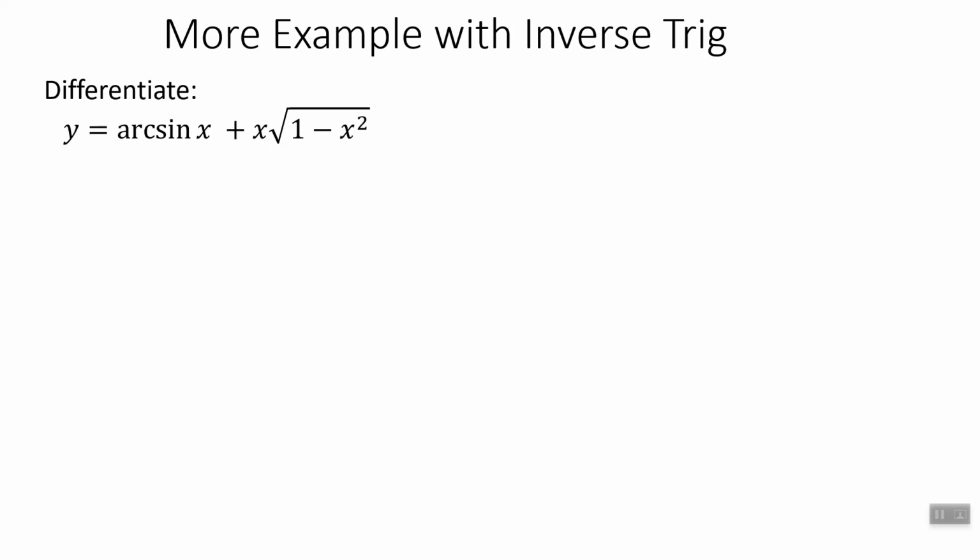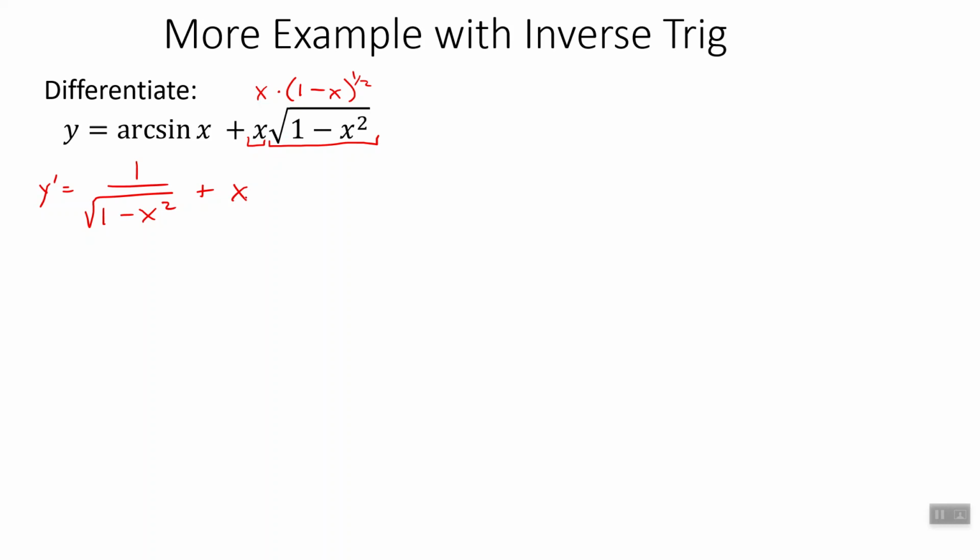All right, these can get more complicated, especially when we want to simplify afterwards. So here's one, we want to take the derivative of this. So y prime equals derivative of arcsine. Well, it's just 1 over square root of 1 minus x squared plus this guy. Well, that looks like it's going to have to be a product rule. And I would probably want to rewrite this as 1 minus x squared to the 1/2 times x.